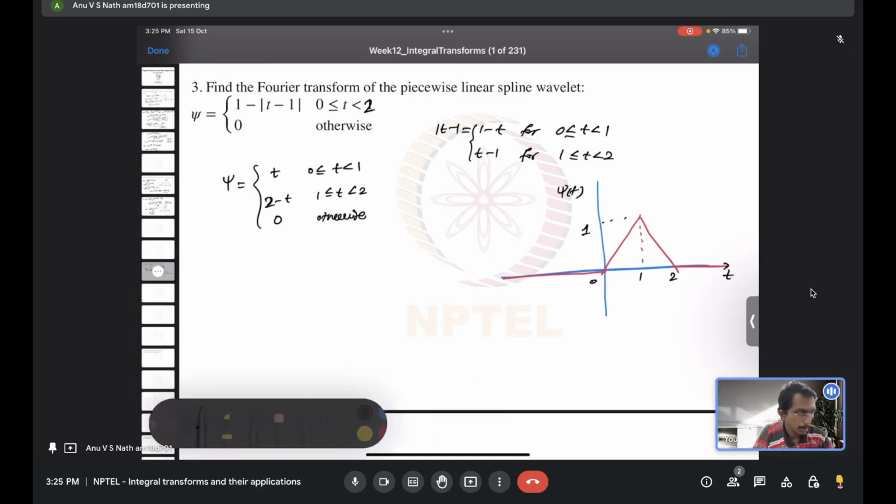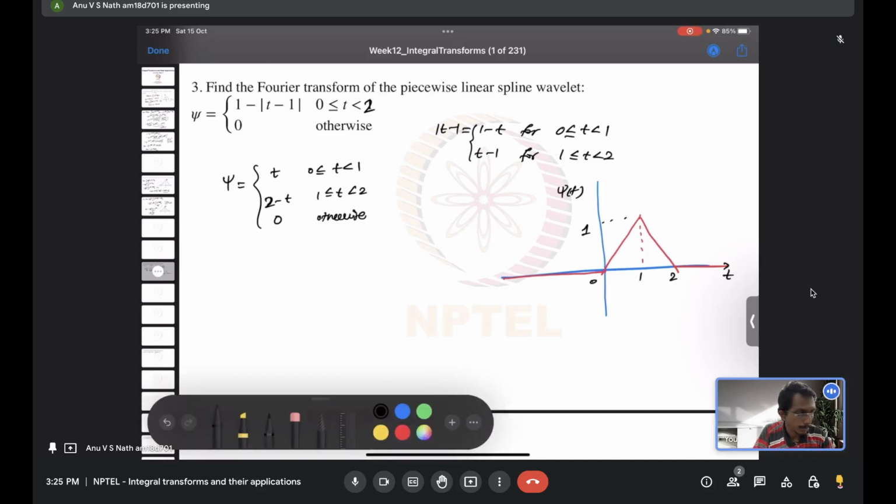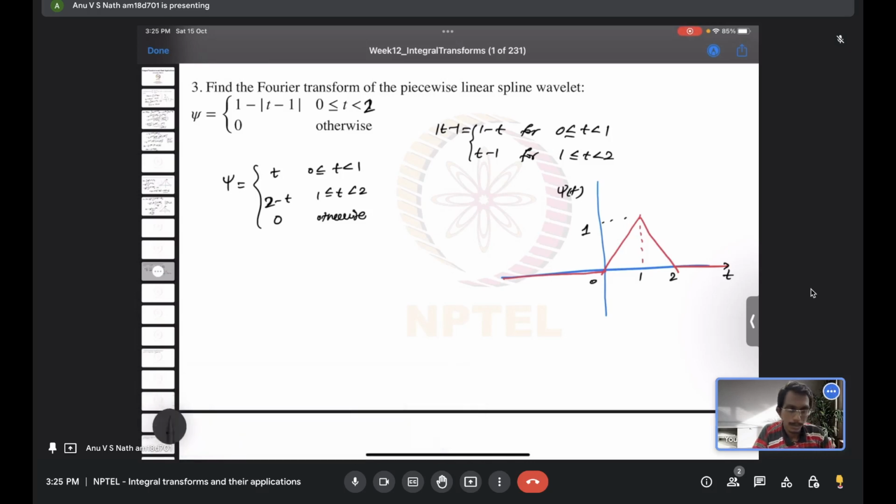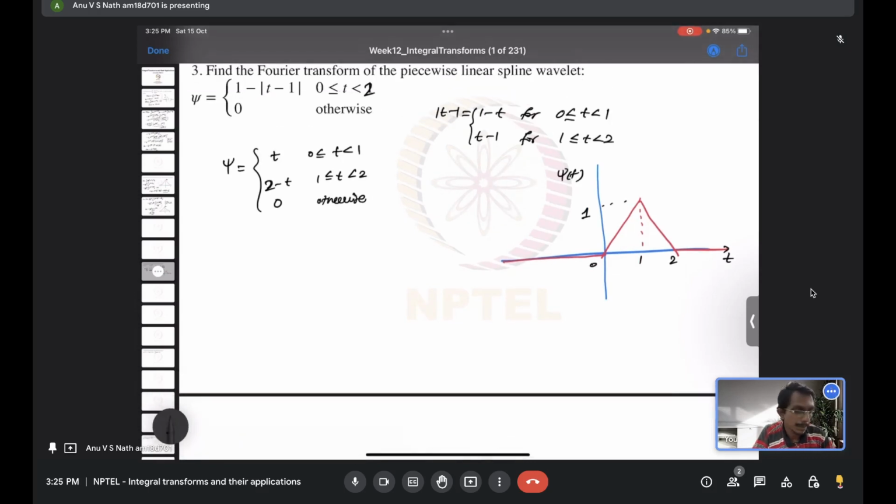So now we have to evaluate its Fourier transform. Again, using the basic definition, the Fourier transform is the integral from minus infinity to plus infinity of e raised to minus i omega t times psi of t dt.